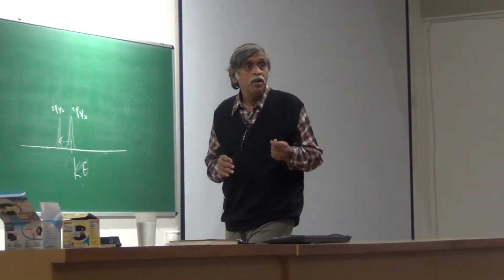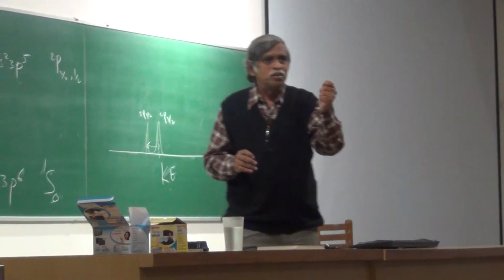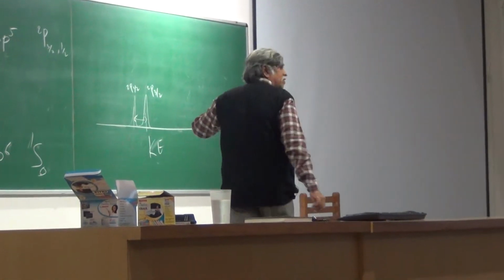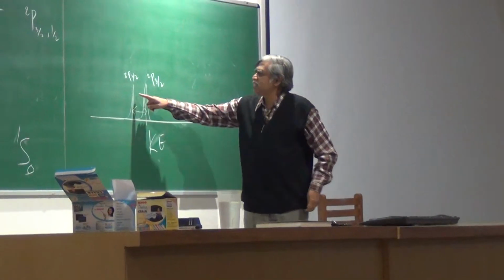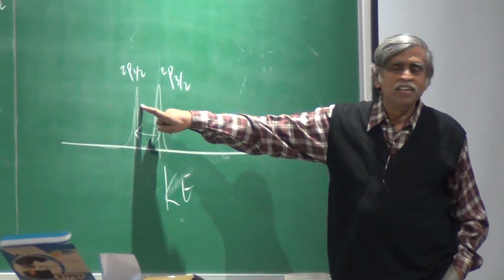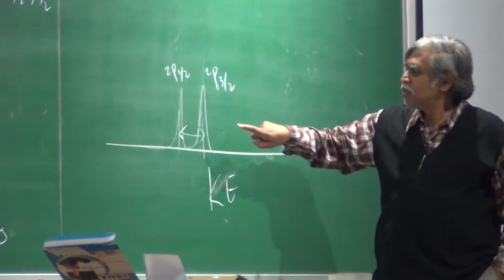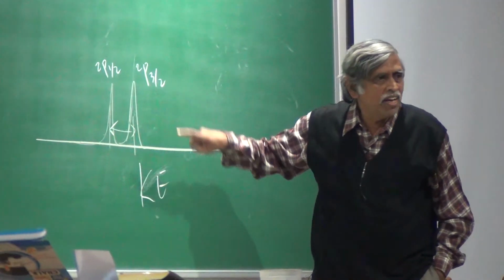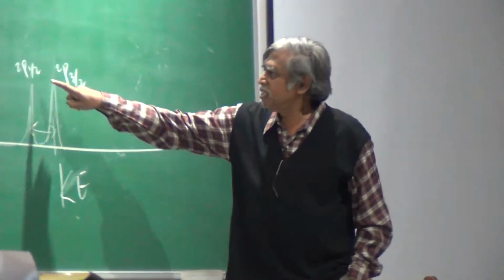So the reason I'm trying to say all this is to drive home, recall the phenomenon that 2J plus 1 is important. Now come back here. What is the J for this? Half. What's the J for this? 3 half. So what is the 2J plus 1 for this one?